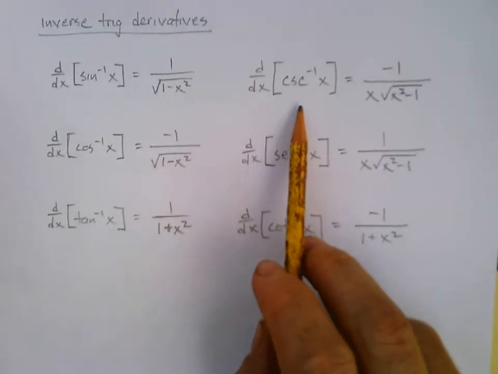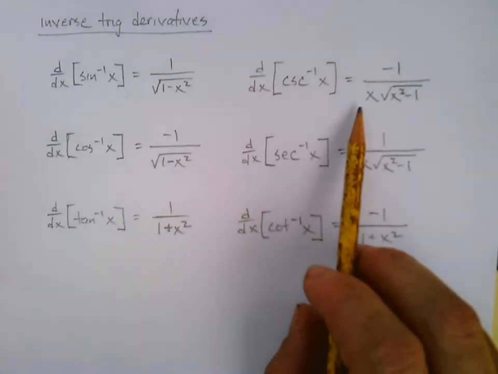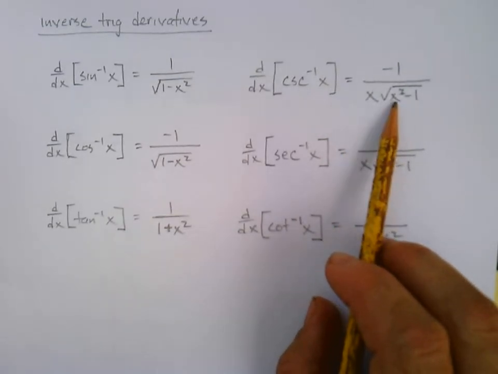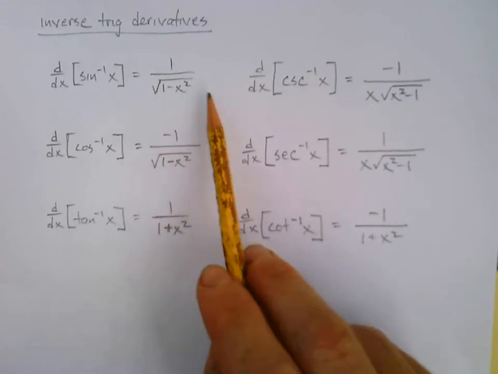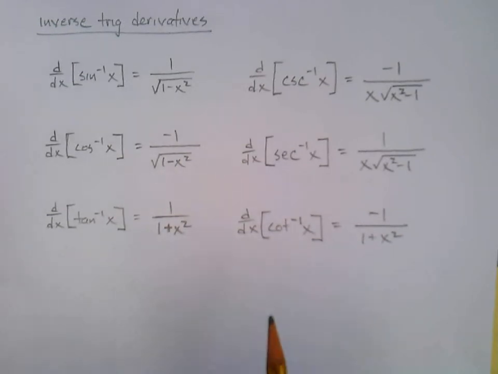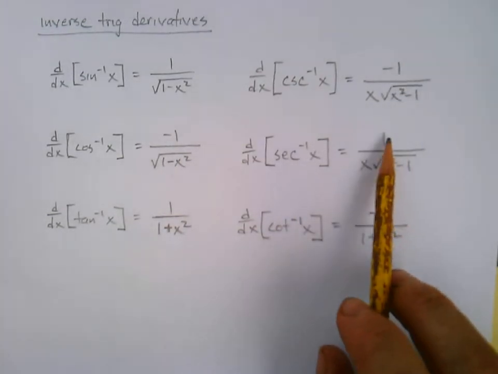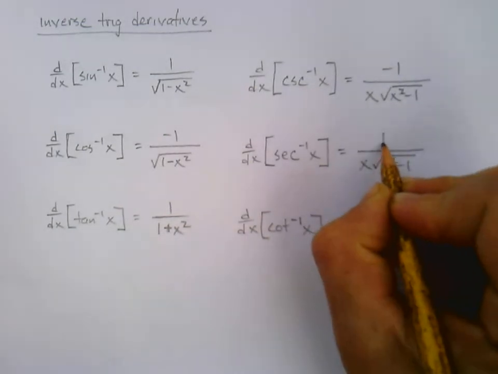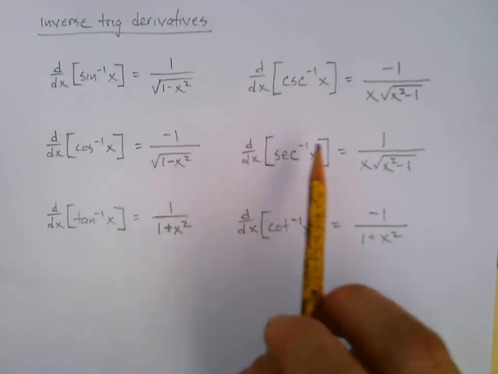Okay. Inverse cosecant x, negative 1 over x square root x squared minus 1. So the two pieces inside the square root end up reversing, and then we get this other x there. Inverse secant of x, same thing, but positive. So it kind of keeps that theme, positive, negative.